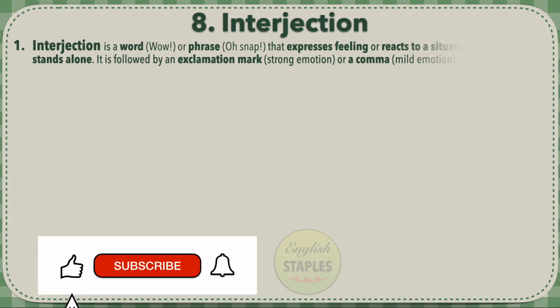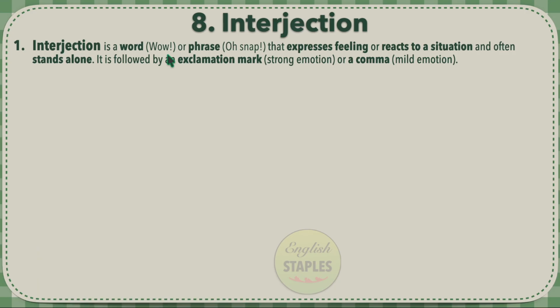And our last part of speech, interjection. Interjection is a word, for example, wow, or phrase, oh snap. And what's the job? It expresses feeling or reacts to a situation and often stands alone. It can work by itself.